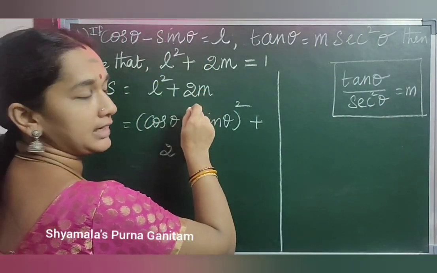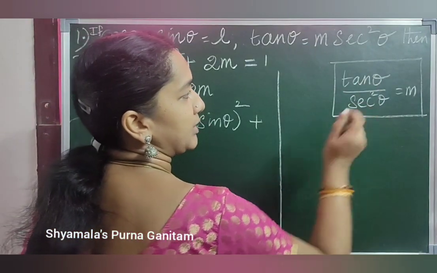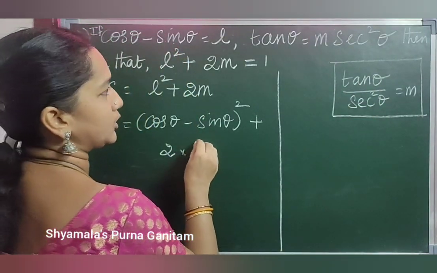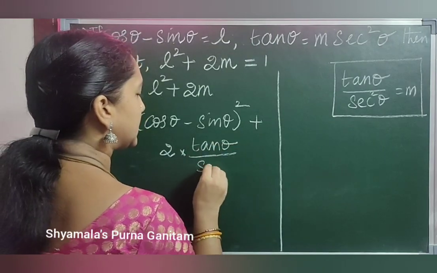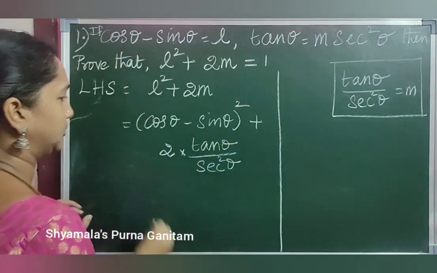So when we are eliminating m, we will get tan theta by secant squared theta. That I am substituting here. Tan theta by secant squared theta. Okay.